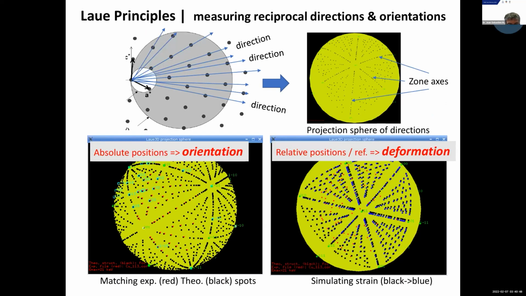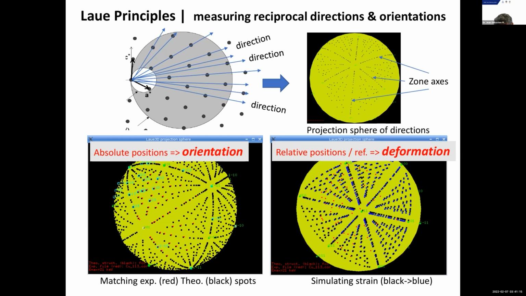And then from the absolute positions of the Laue spots on the camera, we will be able to derive the orientation of the crystal. This is the key point of the technique. If you know the positions of the spots, you can determine the orientation.